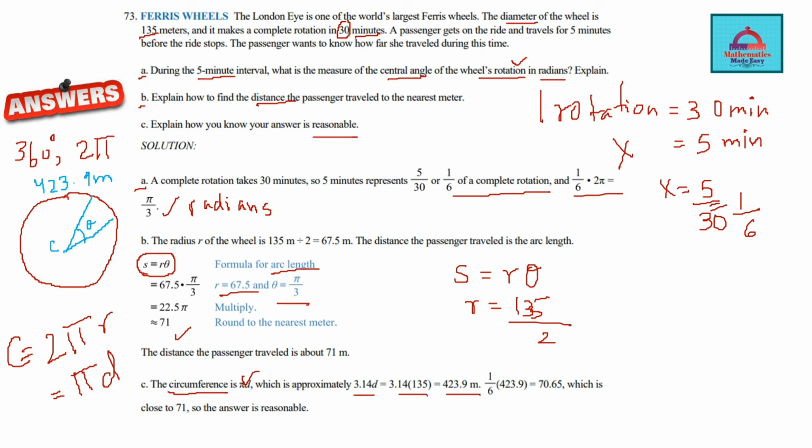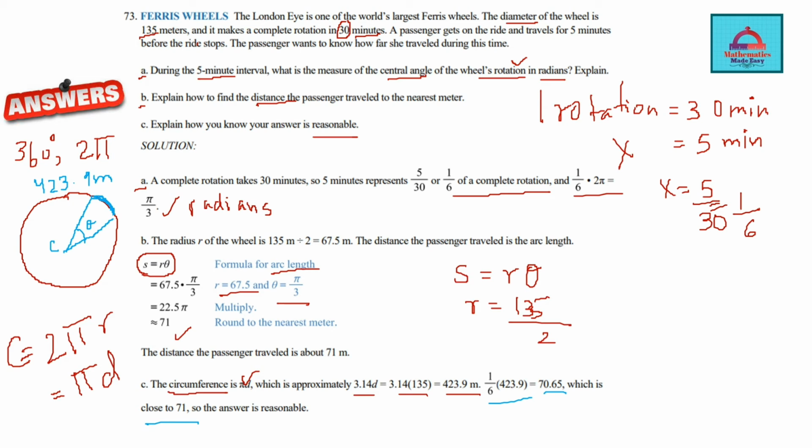How much is only this distance? It is 1/6, the fraction you got in part A. So you multiply 423.9 by 1/6, or divide by 6, same thing. That is 70.65, which is very close to 71.